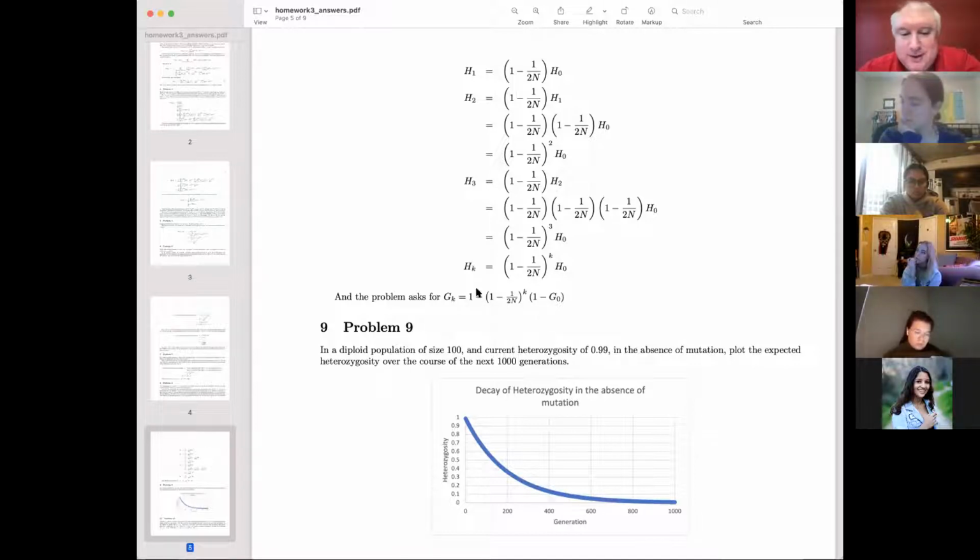Anyway, it's a lot of 1 minuses: 1 minus (1 minus 1/2n) raised to the k, times (1 minus g0). It's just plugging in definitions. But yes, this is a variance term, and you can derive it as a variance term.